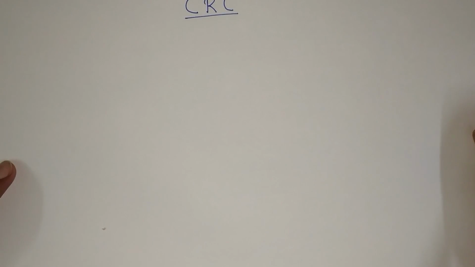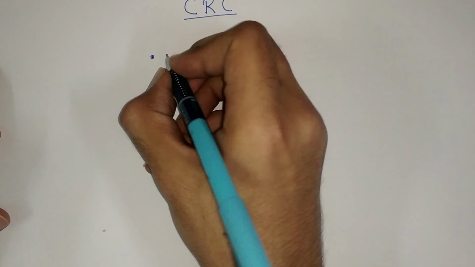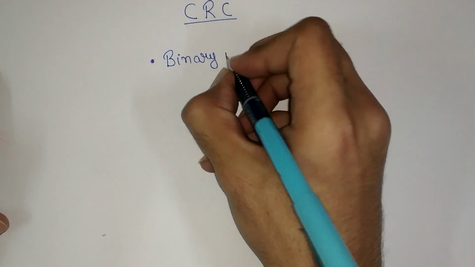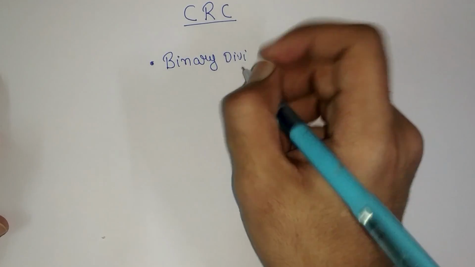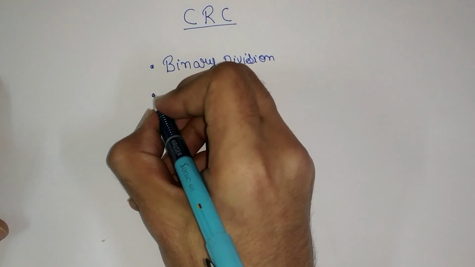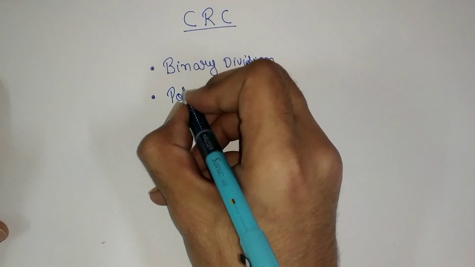So let us summarize what we have discussed till now. First of all, CRC is based on binary division. Secondly, we must know about the polynomial function.